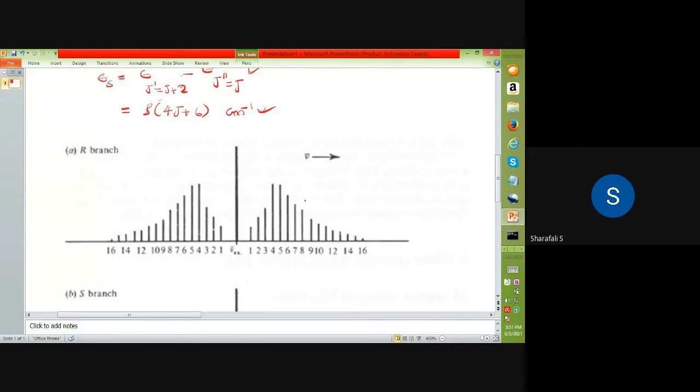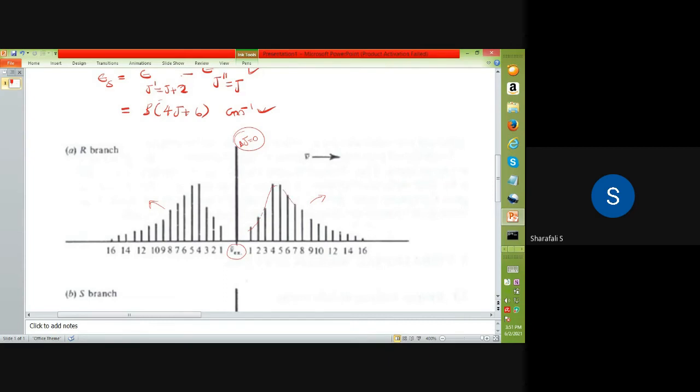As you know, this side is the anti-Stokes line, this side is the Stokes line, which we already discussed. And this one is the excitation frequency, that is, the frequency that you have applied. So this corresponds to delta j equal to 0. These are for the transitions.